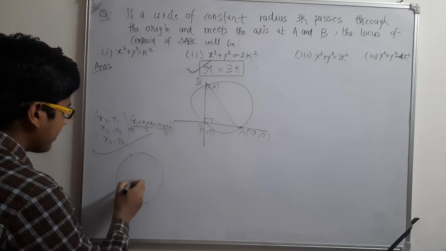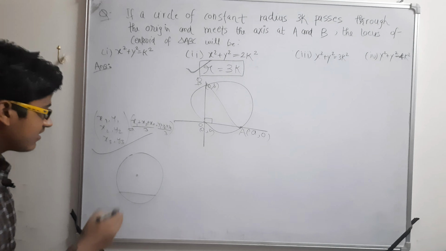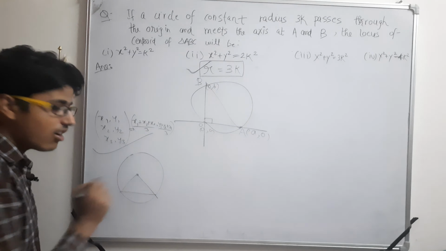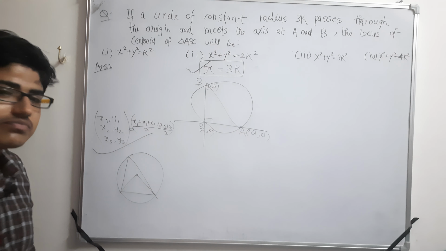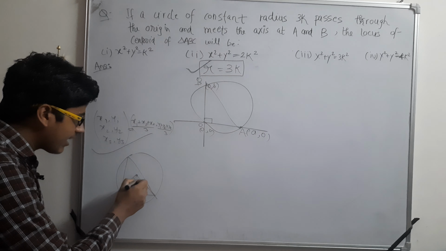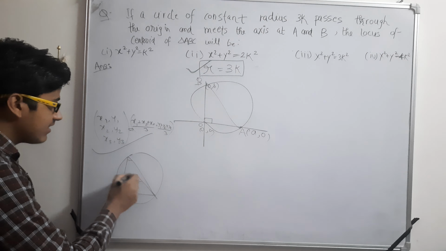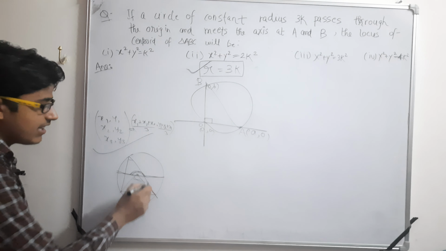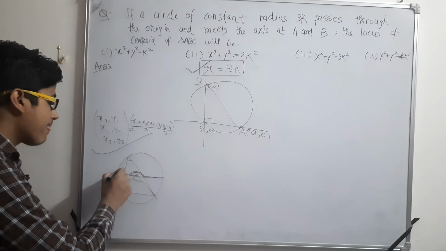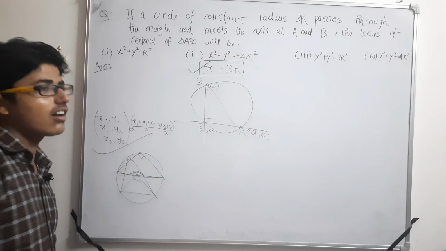You must have read that if a chord is subtending some angle at the center and some angle at the boundary, then definitely the angle at the center will be double of the other. Similarly, when it is a diameter, it subtends 180 at the center, so it always subtends 90 in the semicircle part.